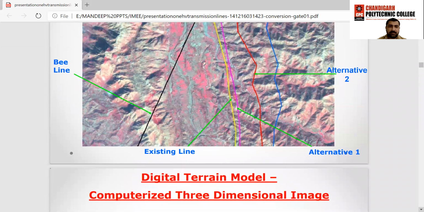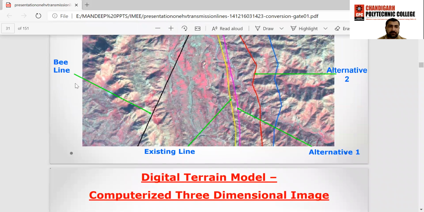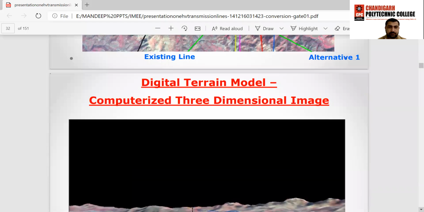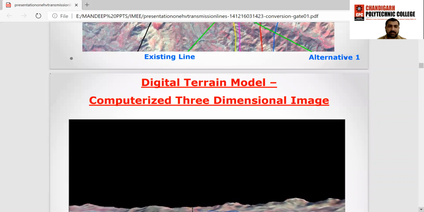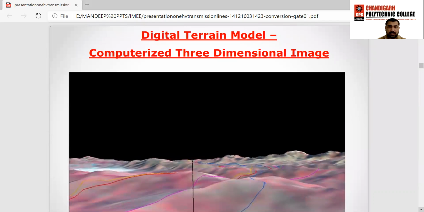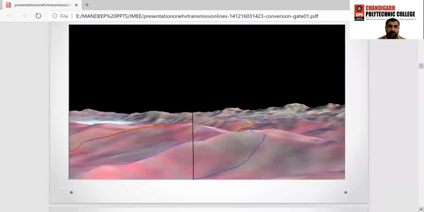We can see the B line which we have to install, the existing line, and alternative 1 and alternative 2 lines. And this is a computerized 3D image for all the lines: the B line, existing line, alternative 1 as well as alternative 2.